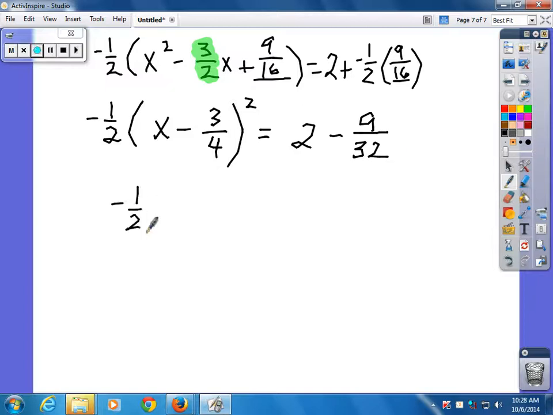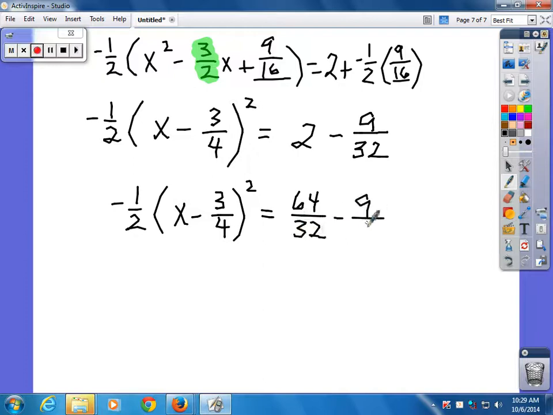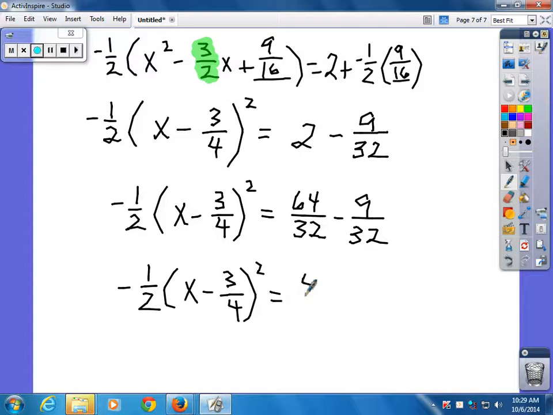Negative 1/2 times x minus 3/4 quantity squared is equal to 64 over 32 minus 9 over 32. Negative 1/2 times x minus 3/4 quantity squared is equal to, I have no idea, 55 over 32. Y'all check my math.